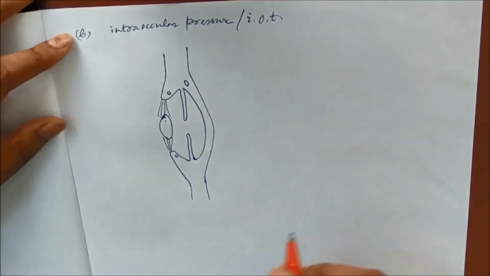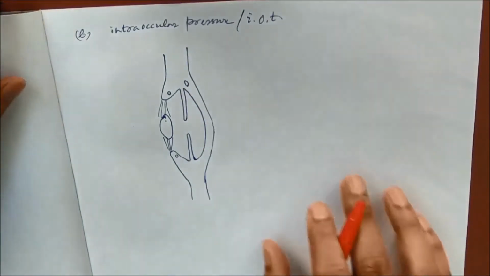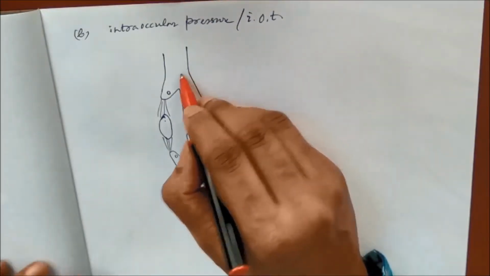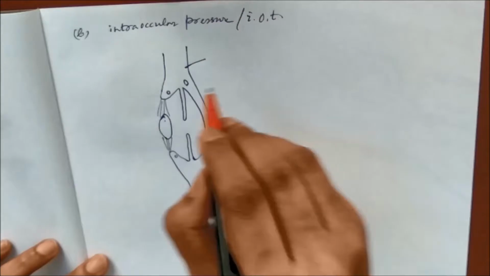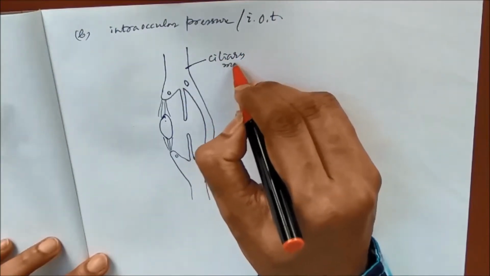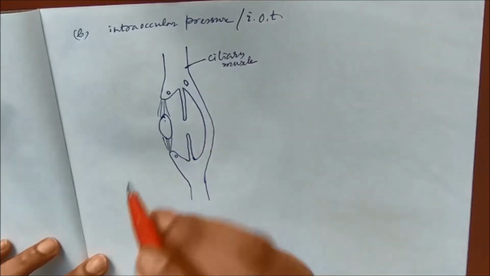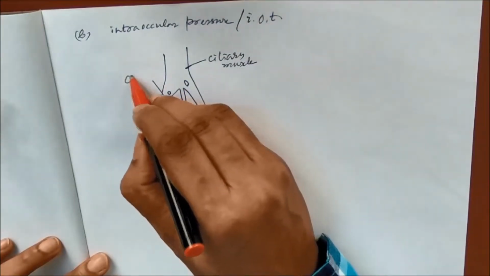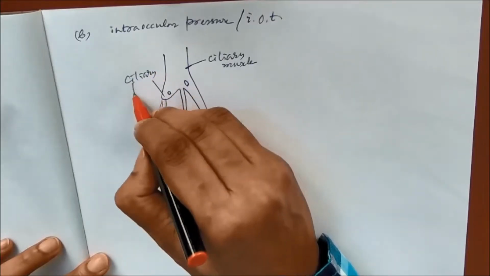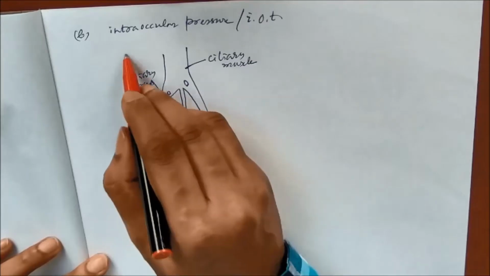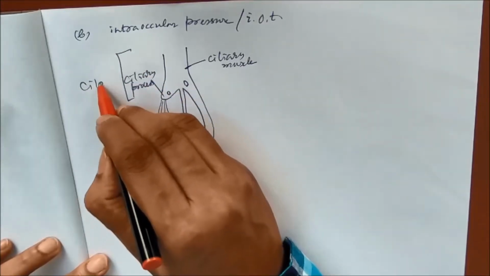This is the ciliary muscle, and this is the ciliary process. Together these two are called the ciliary body.